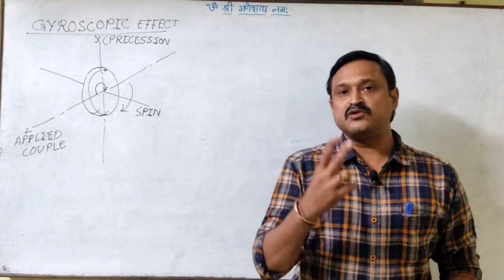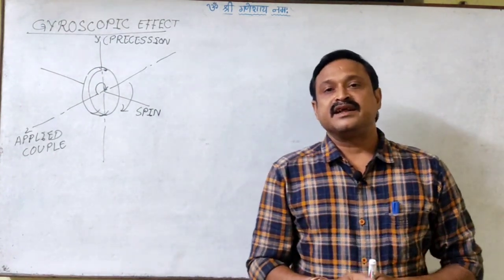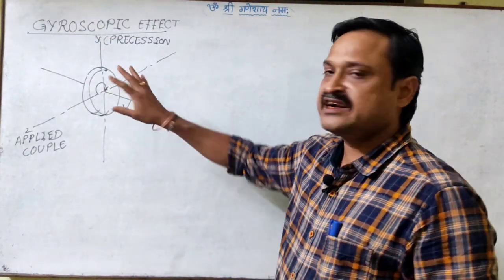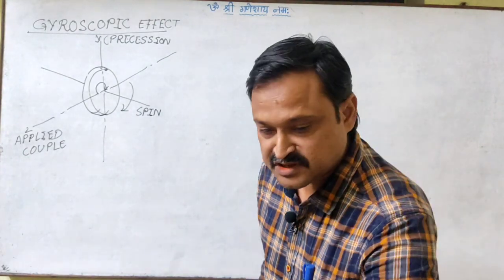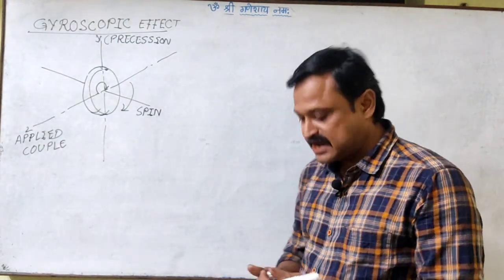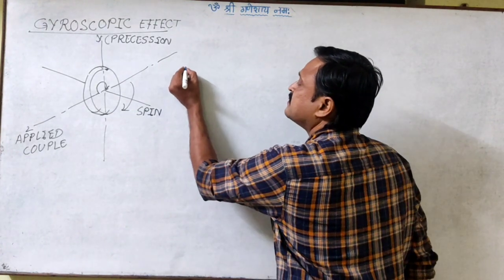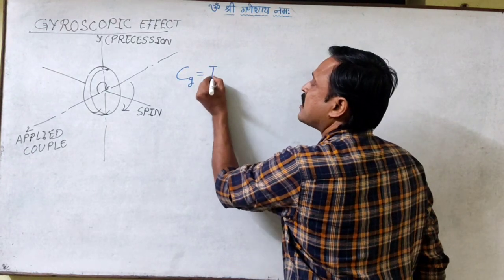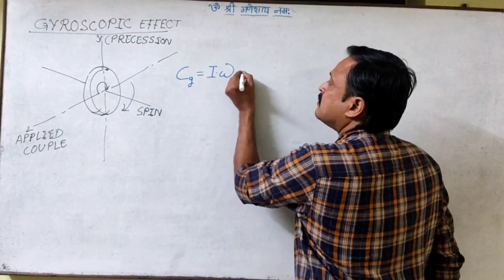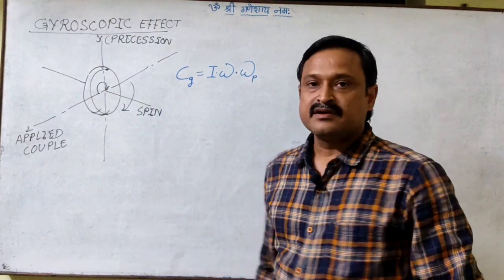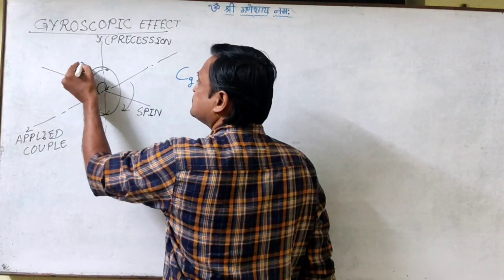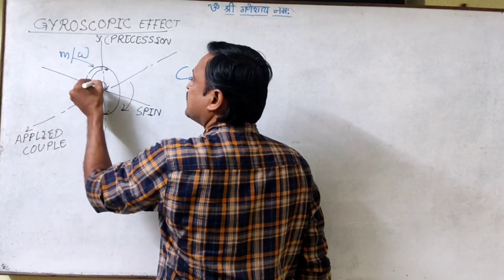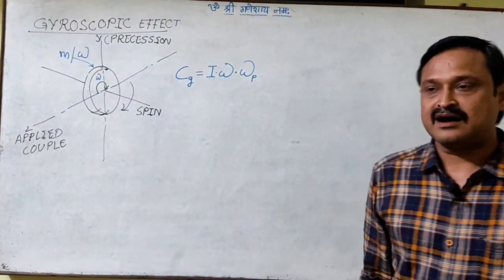Now we have again talked about two terms, natural precession and forced precession conditions. While understanding this, we have understood that there will be this couple which is getting applied, and we have determined its magnitude, this gyroscopic couple, to be equal to I omega omega p. Let us say this disc has some mass m and is rotating at some angular velocity omega.